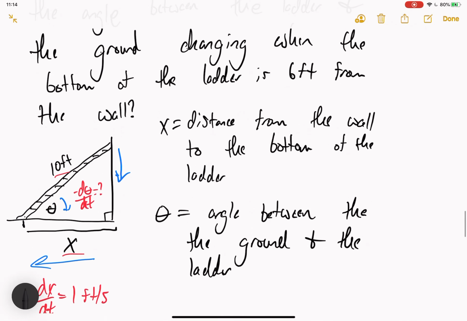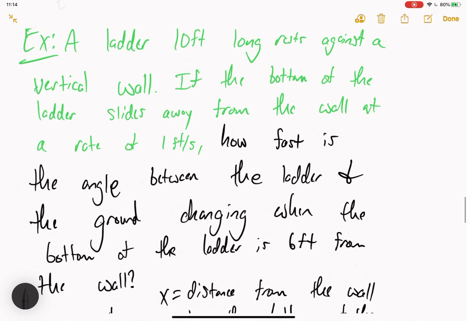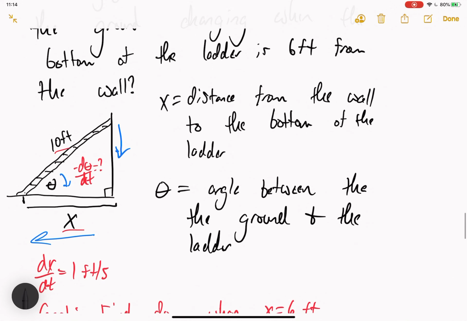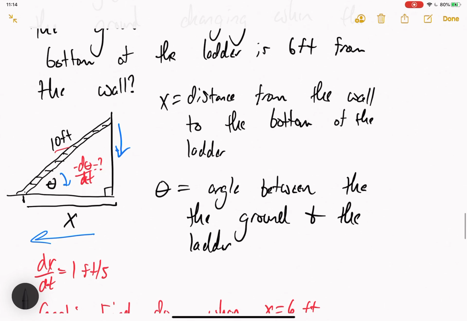And again, what this problem was, we had a ladder that was 10 feet long, resting against a vertical wall. I drew the picture along with it, and it said the ladder was sliding away, so that's how we got that x. Because the ladder is slipping down, it's also moving down in the y coordinate, which means the height, and really what that means is the angle is decreasing.